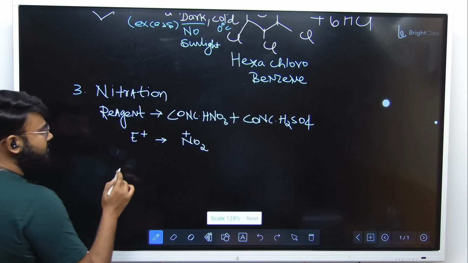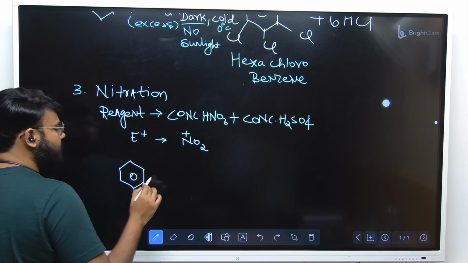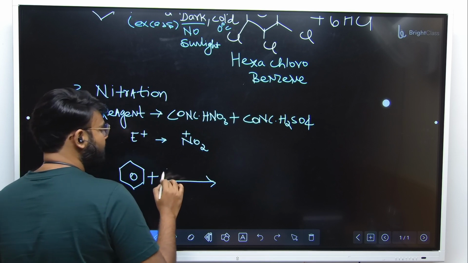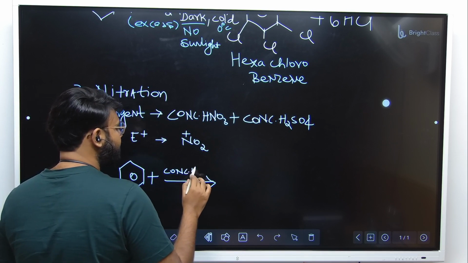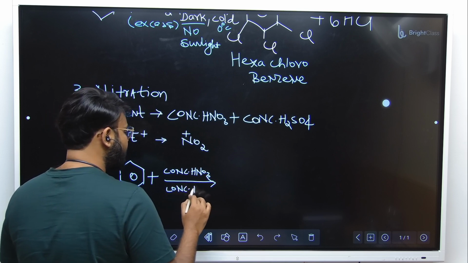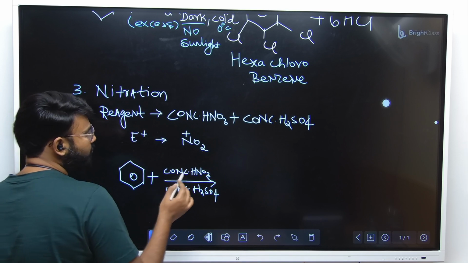Now let's see the reaction. When you add concentrated HNO3 and concentrated H2SO4, this will give up NO2 plus.